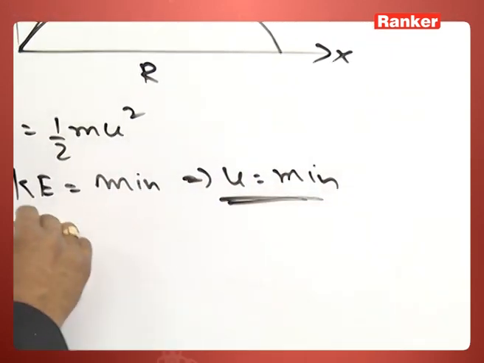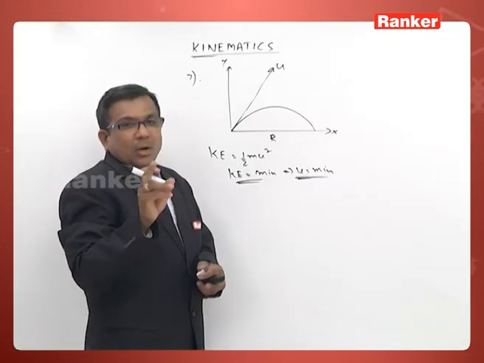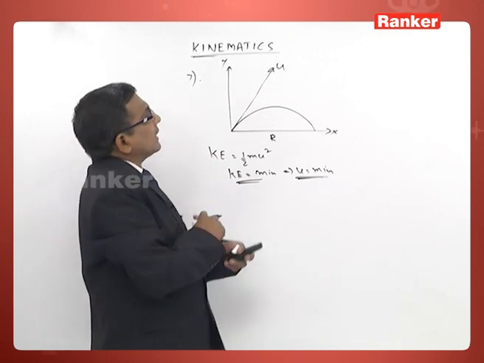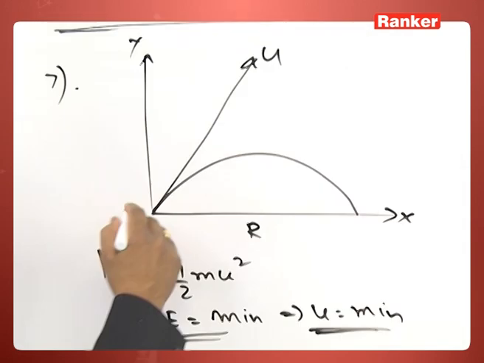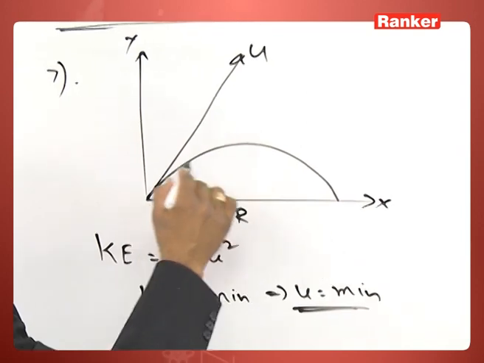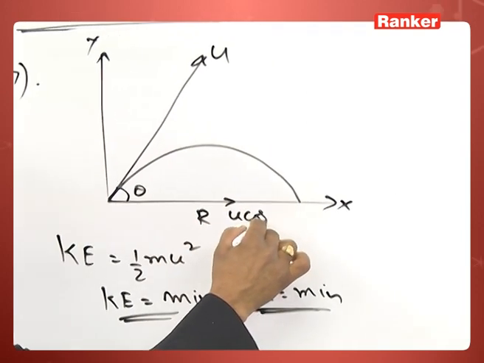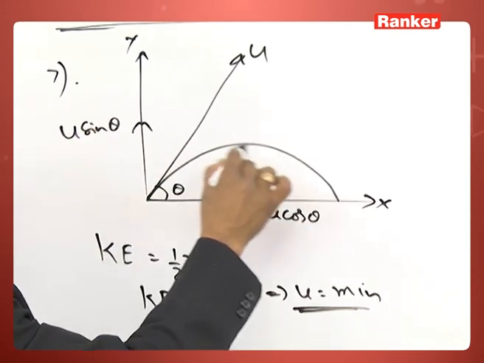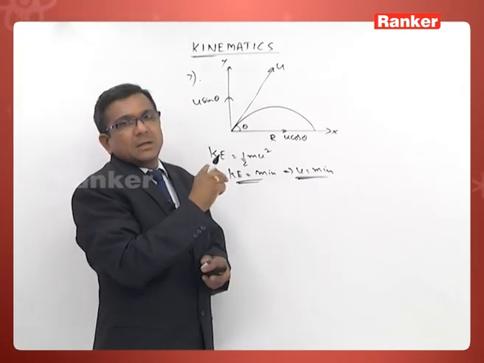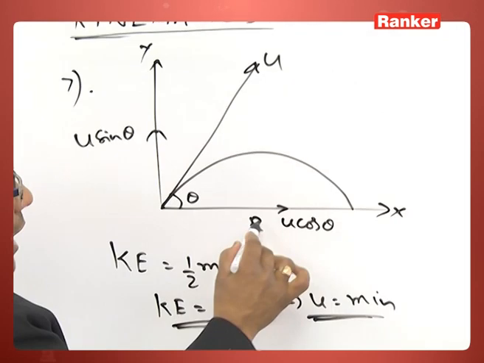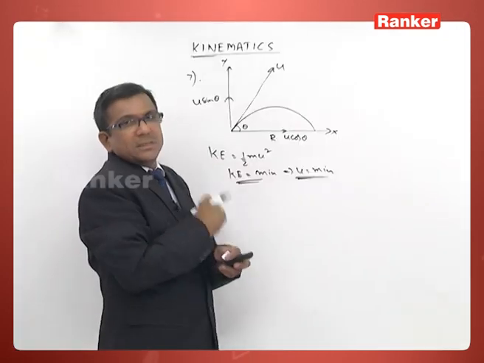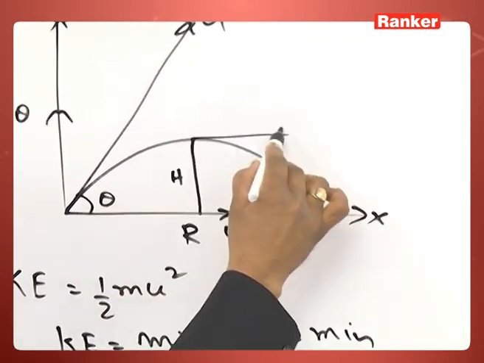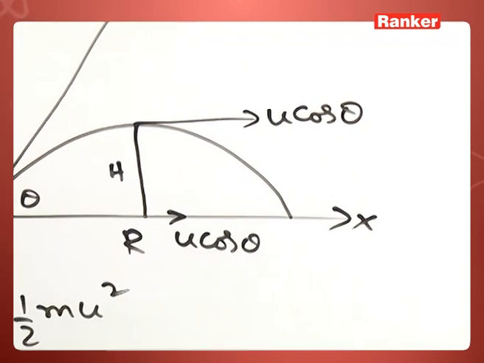If kinetic energy becomes minimum, in the problem, the kinetic energy will be minimum at a position of the projectile where velocity is minimum. You know, when a body is projected at a certain angle, we have resolved this into two components. See, this is u cos theta and this is u sin theta, and throughout the path of the projectile the horizontal component of velocity remains constant, and at maximum height also the horizontal component of velocity is u cos theta.